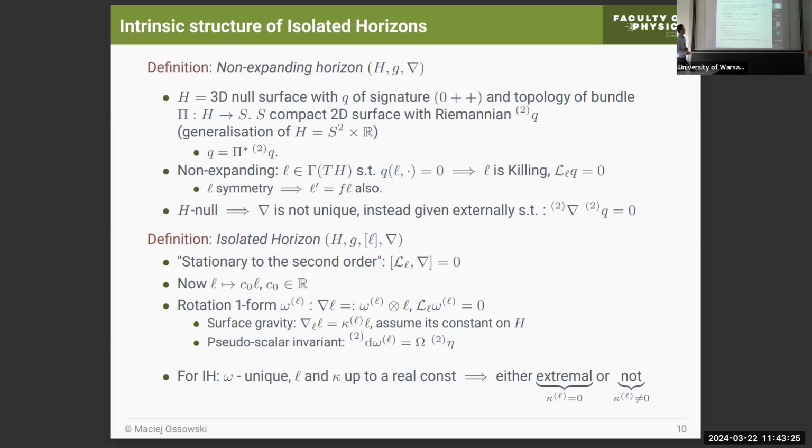So then, for an isolated horizon, we add the constraint that this is something that's usually called being stationary to the second order, which is that this given connection commutes with the flow of some representative of this specified class of null fields, where this class of null fields is given simply by rescaling by a real number.